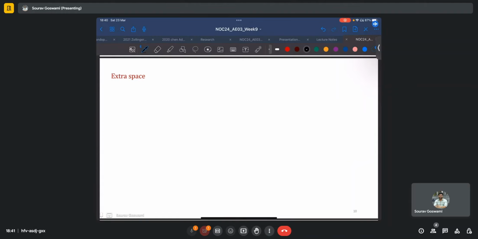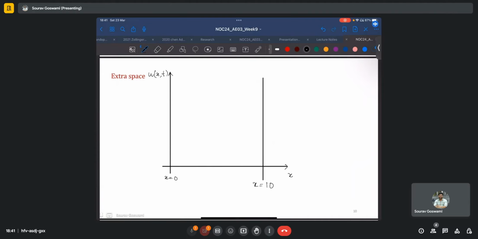So, if I just sketch, okay, that's not a straight line. Let this represent u at x,t, and this represent x. And here, let us have x equals 0 and at some distance, let this be x equals 10 units.